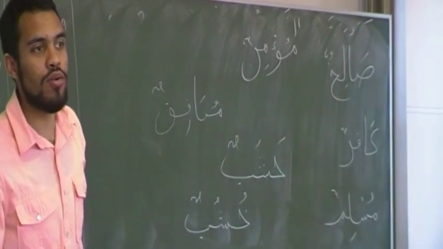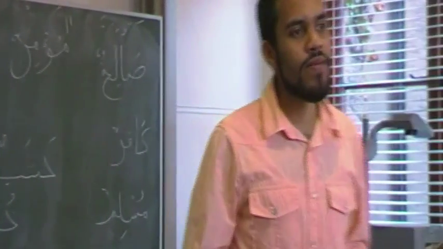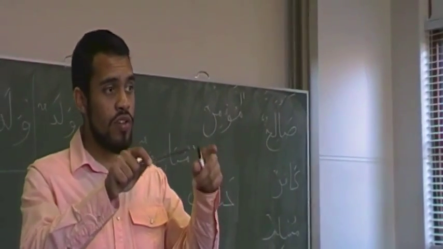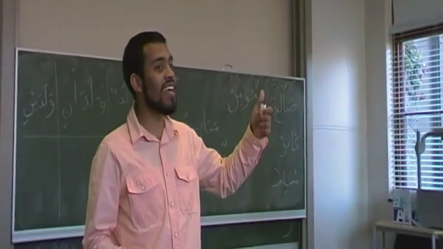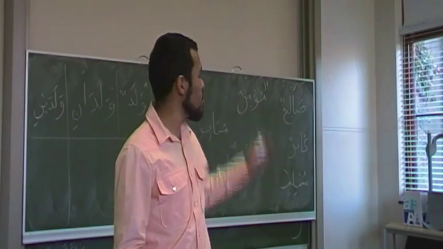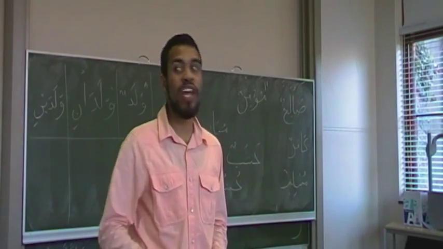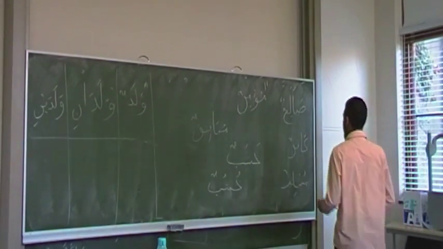Give me the singular of salihun. Salih. Salihun, right? What's the dual? Salihani or salihaini. Let's do salihani first, and then salihaini. So salihun, and the dual is salihani or salihaini. And the masculine plural is salihuna or salihina.